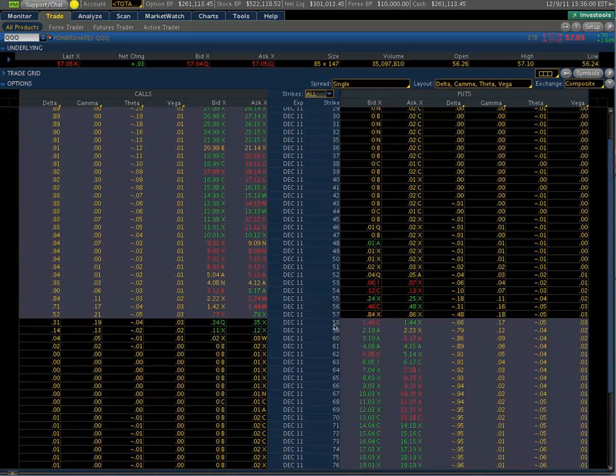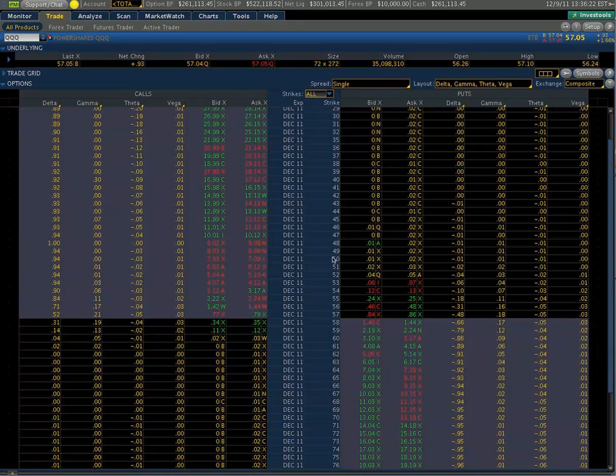If we rise to 58 today, then that option will be priced at approximately 65 cents. These delta numbers will change on a daily basis. It determines the amount that the option will move based on its current strike price.